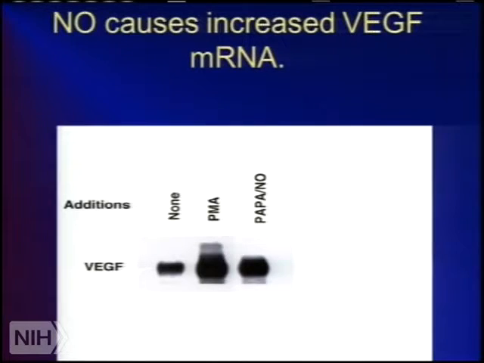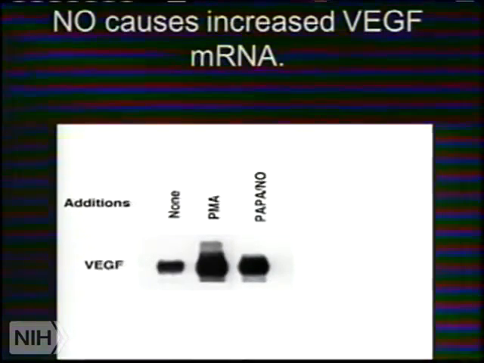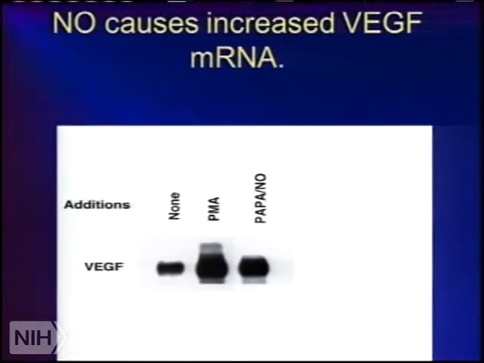In terms of the VEGF production, we mentioned before that nitric oxide donors will increase VEGF. And it turns out the VEGF is actually made in the cancer cells and secreted from the cancer cells. Then the VEGF diffuses to endothelial cells that have the VEGF receptors and stimulates the angiogenesis.